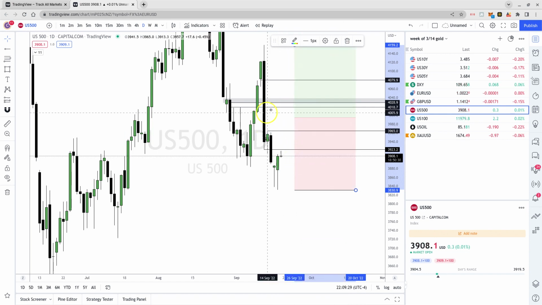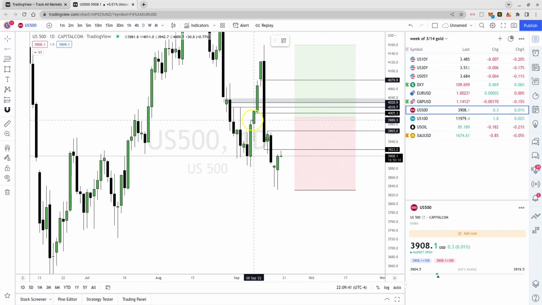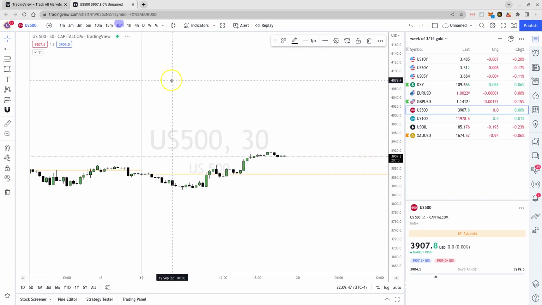So I want to see price push to here, and then possibly inside of this old fair value gap. Maybe inside of there. So we'll see if price will get there.